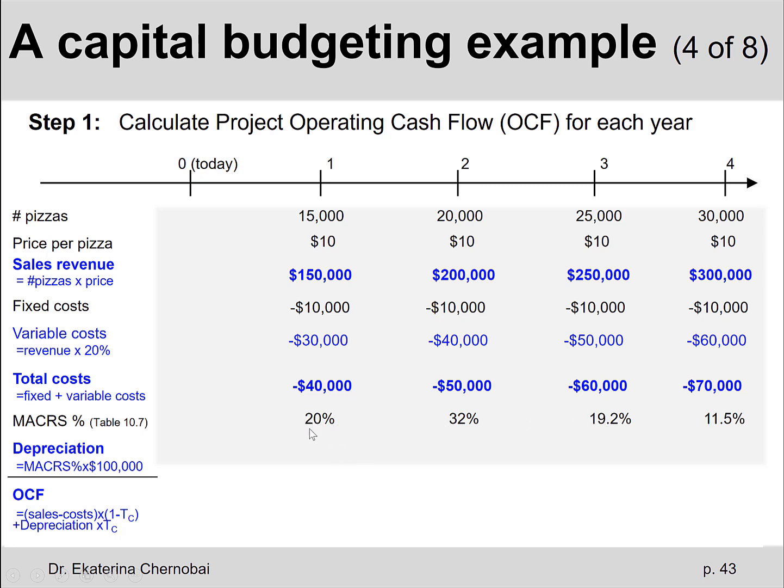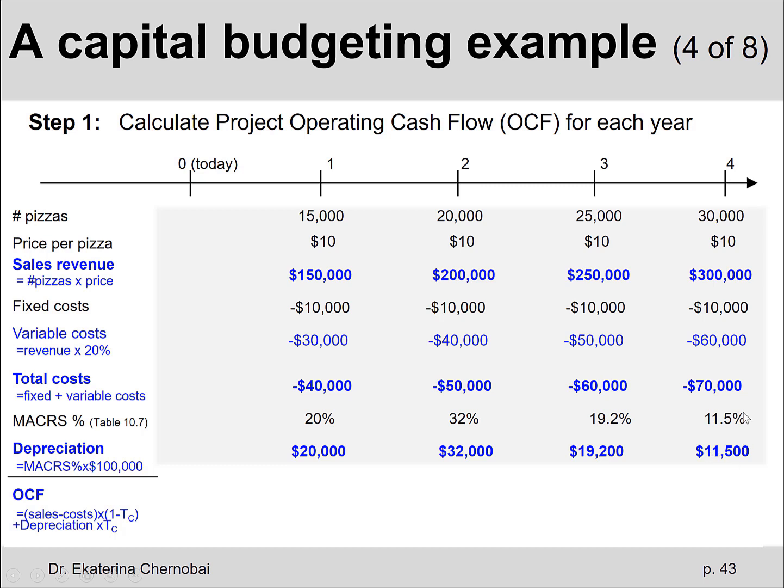So for year 1, it's a 20% depreciation rate multiplied by $100,000, which gives $20,000. For the second year, the depreciation rate is 32%, which gives $32,000 in depreciation for that year. For year 3, the depreciation rate is 19.2%, which gives $19,200 in depreciation.